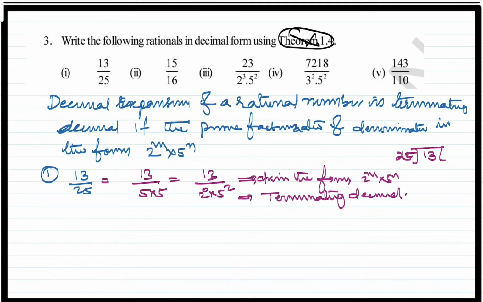The division ends here. 0, 13, 130, 5 fives are 125, 5, 50, 2. So here the decimal representation of 13 by 25 is equal to 0.52.